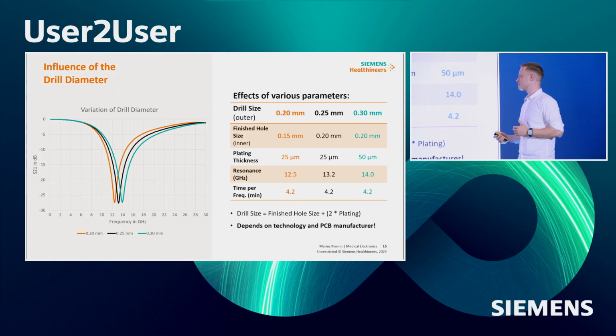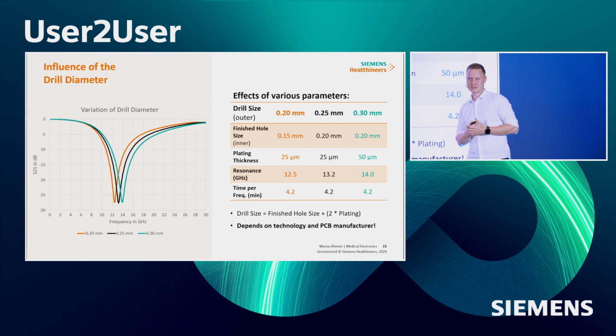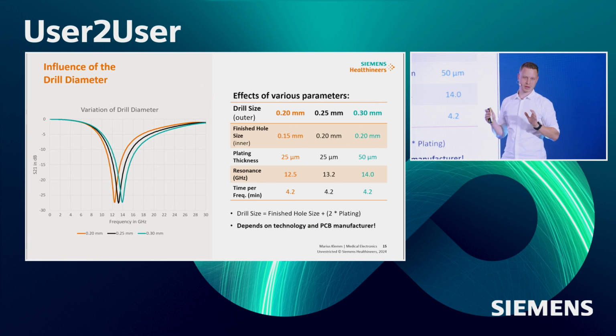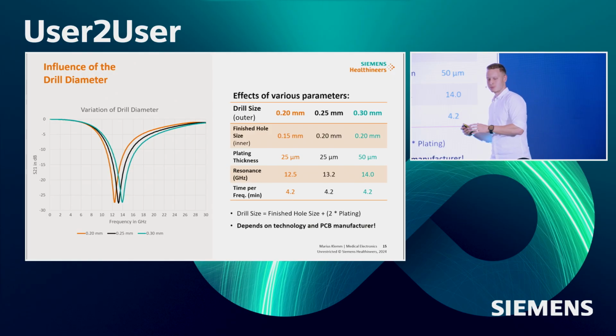And that's very interesting. So you need to get in touch with your PCB vendor and identify his way of decision making, because what we also experienced was sometimes what we think they are using is the middle 0.25 millimeters, but what they are actually using is 0.3 millimeters because they have space.